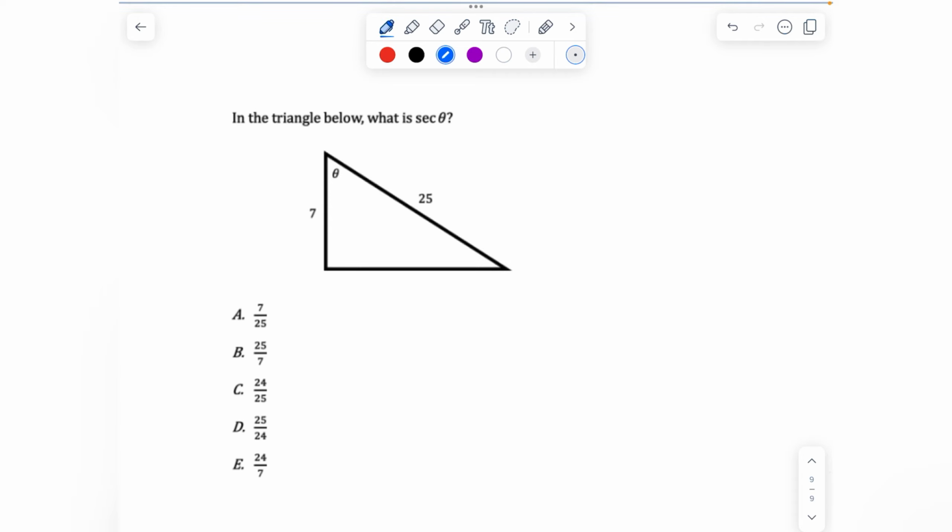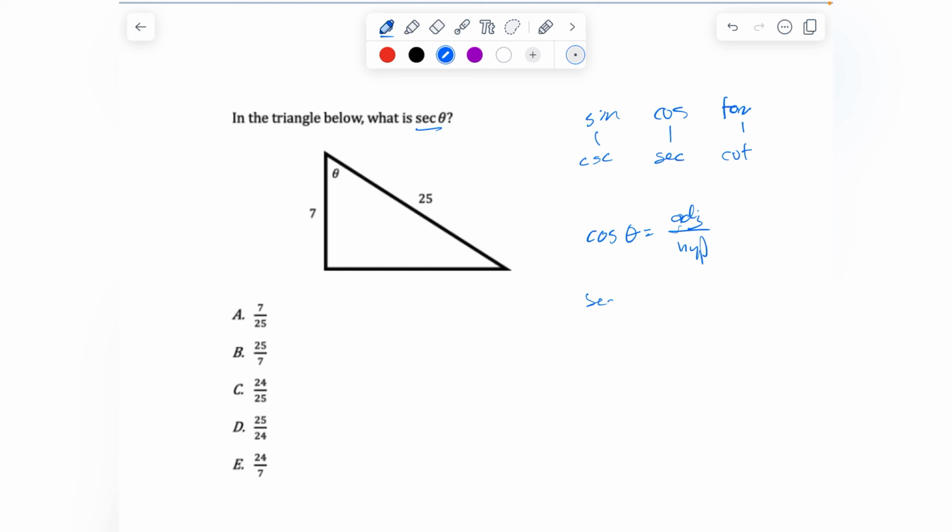In the triangle below, what is secant of theta? So, sine, cosine, tangent, cosecant, secant, cotangent. Okay. These are all inverses of each other. So, cosine of theta is equal to adjacent over hypotenuse.